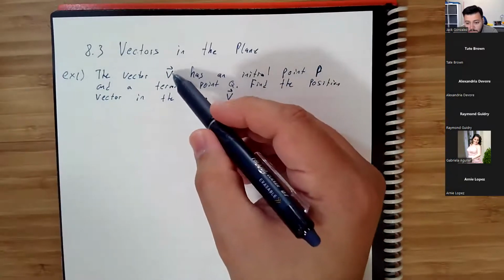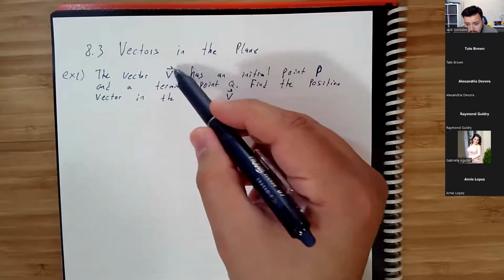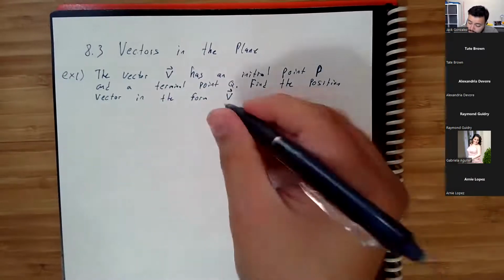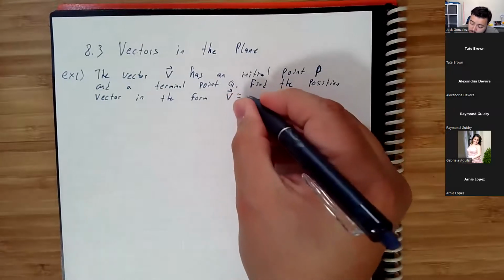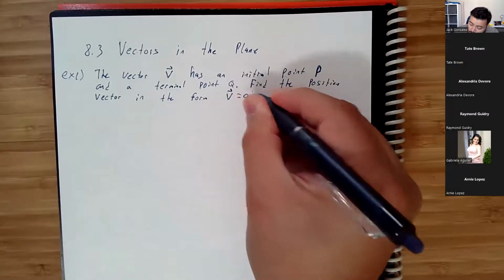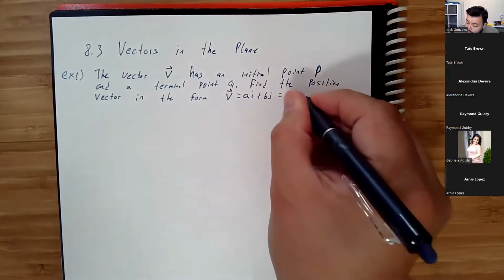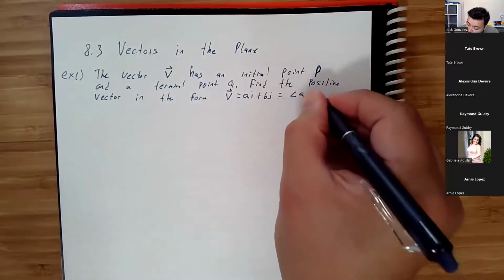It's like a little hat on V, which means it's a vector. And vectors can be written this way: ai plus bj, or a comma b.